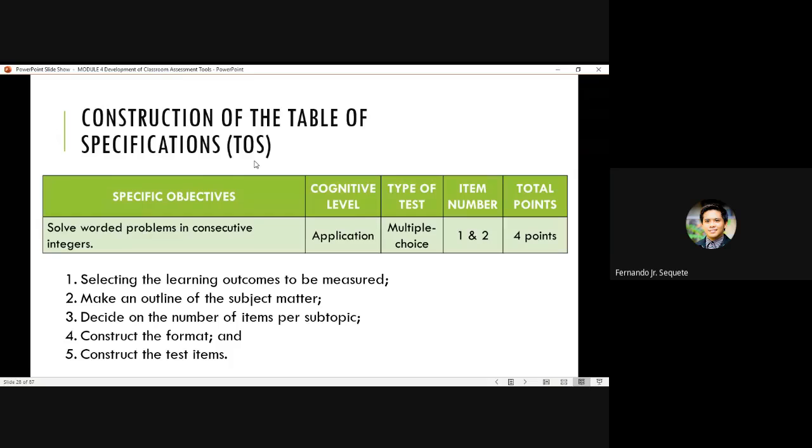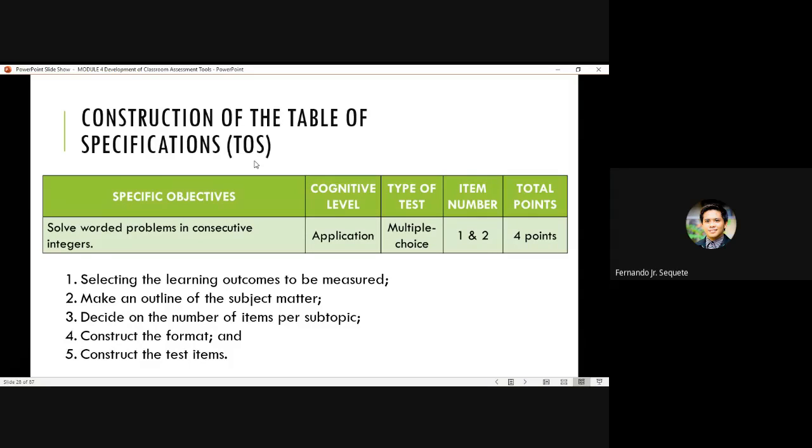And then the cognitive level, you can write it down, like application. I think you really have to use the revised Bloom's taxonomy, no? And then the type of test, if it is multiple choice, and where you place it, number 1 and 2, and then total points, that is 4 points.